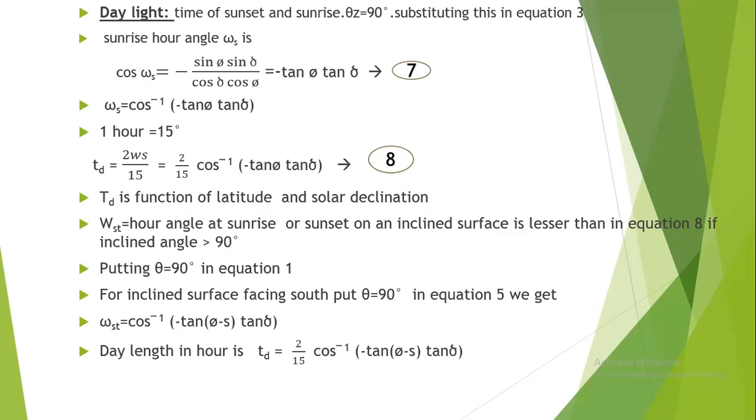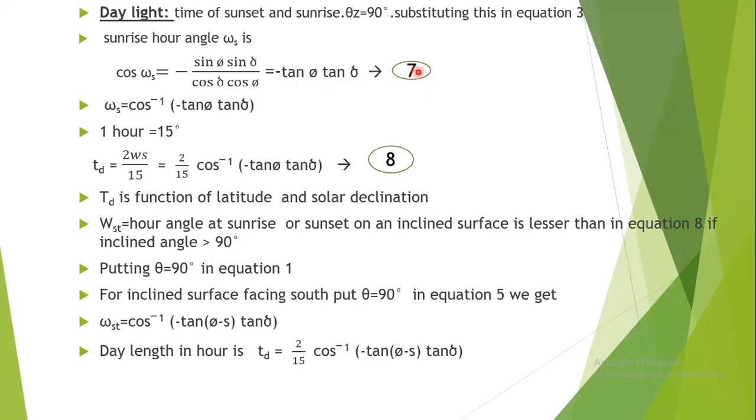So omega is our hour angle, and omega s is the sunrise hour angle. So cos omega s is equal to minus sin phi sin xi divided by cos phi cos xi. That can be simplified as minus tan phi tan xi, since sin by cos is tan.